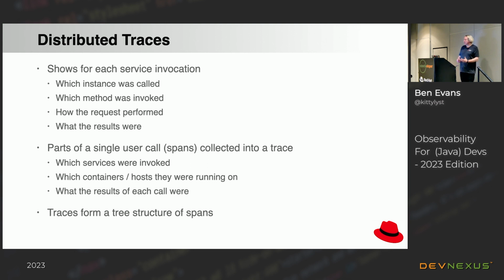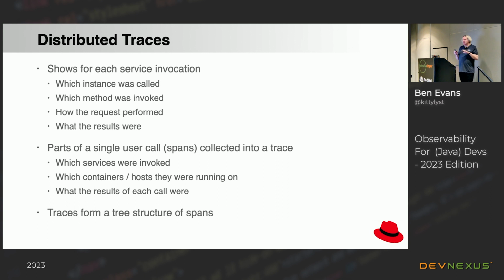So this is what we call a service invocation, and a trace can be generated for every single service invocation. We want to get back not the data that gets returned from the service, but metadata. What was called? Which instance? How did the request perform? What was the result of the request? Was it 200 OK or 500?